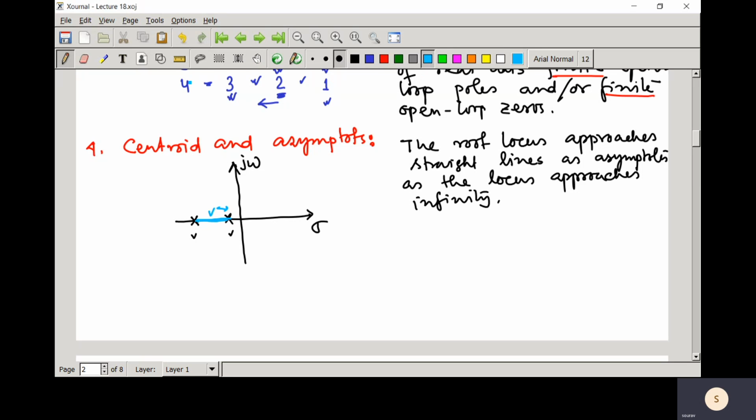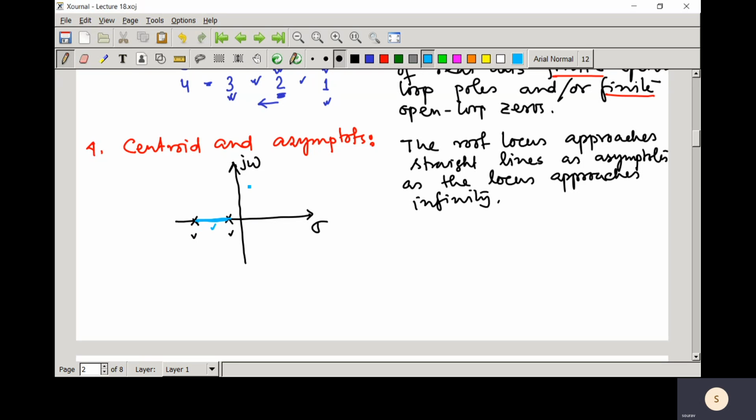Or the other way, if you start coming from this particular side, you can see that on the right you have an odd number of poles, but if you are here, then you have two. So this portion does not belong to the root locus.